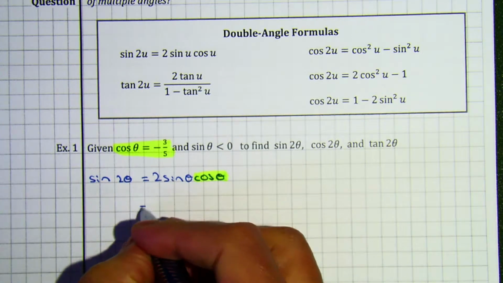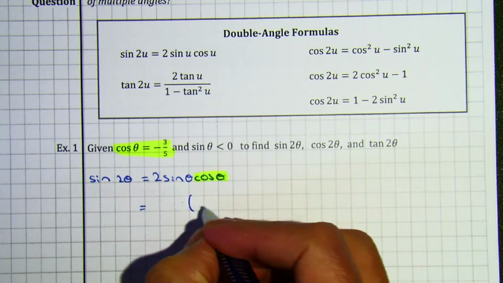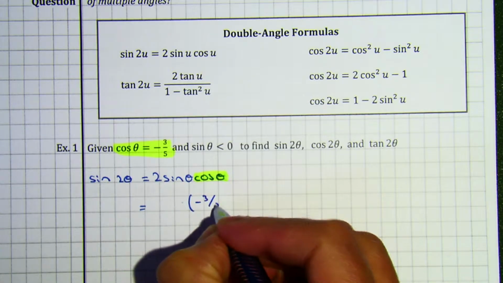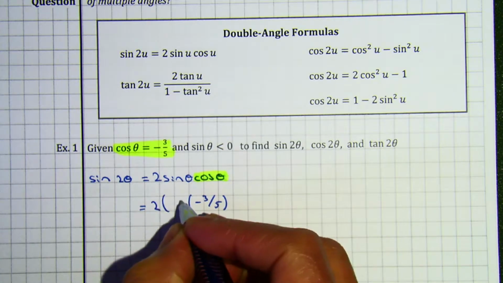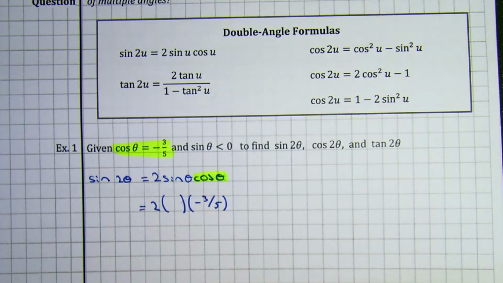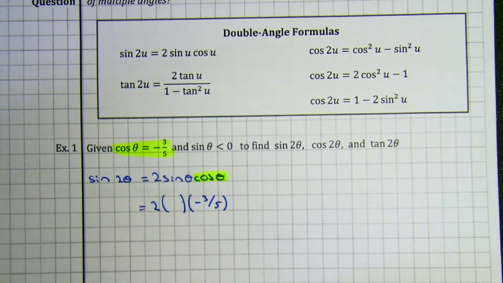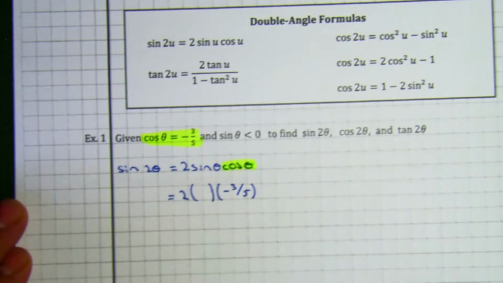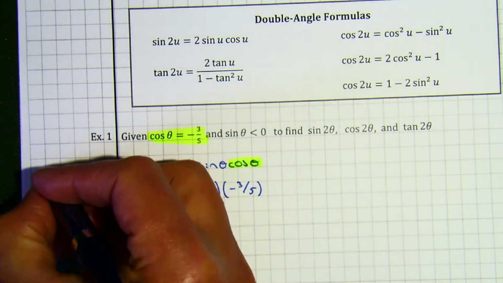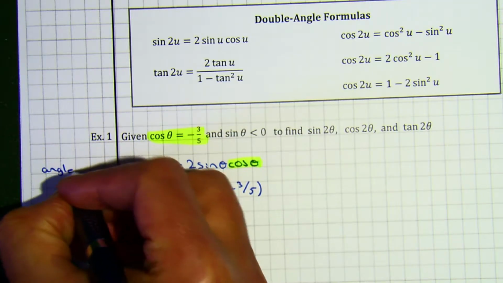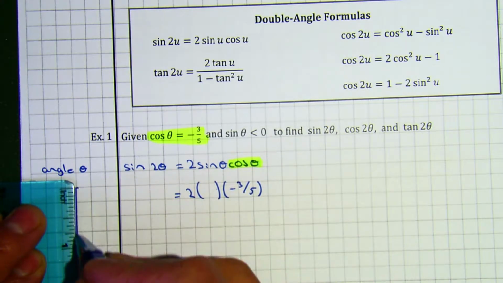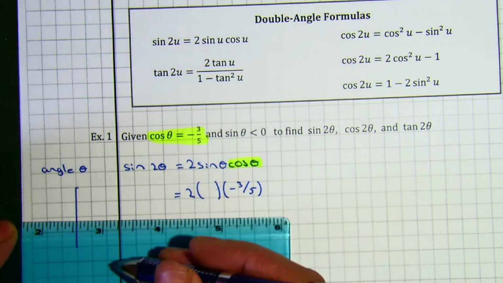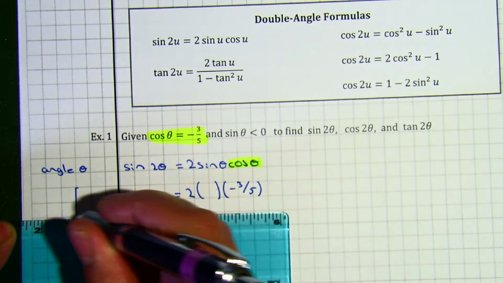So therefore, we can substitute -3/5. We have a 2. The only thing that we need is to be able to find the sine of the same angle. So therefore, we are going to place an x and y axis for angle theta. I'll place an x and y axis. I need to determine where is my angle located.